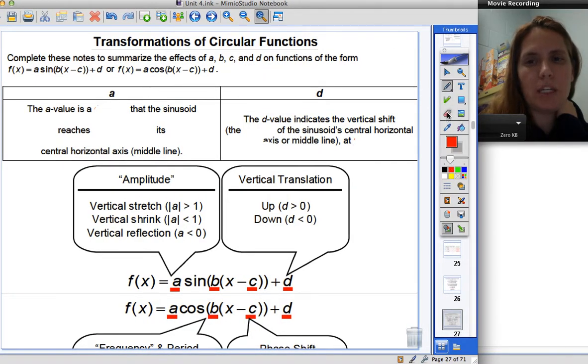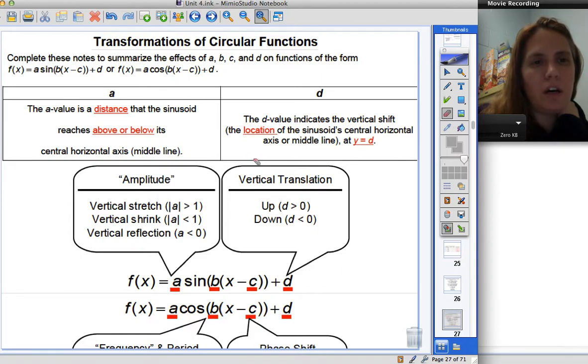Okay, find this page on your notes and you need to fill in everything that's in red. So A, not only does it stretch or compress vertically, it also tells you the distance from the sinusoidal line. I know it's called the sinusoid.